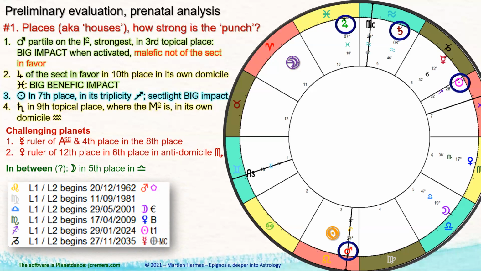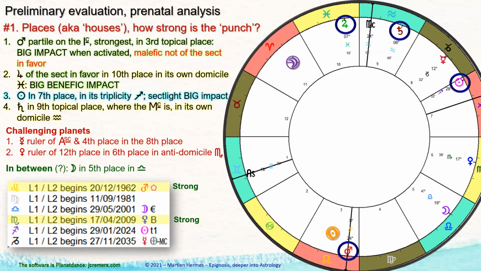When we try to evaluate purely on the basis of the major ruler of each period, we need to see how strong the impact of each period is. So when I look at the Leo period, the Lion period, and the Scorpion period, they must be strong. Why? Because Mars is on the IC. It's the strongest planet, I think, in this complete chart.